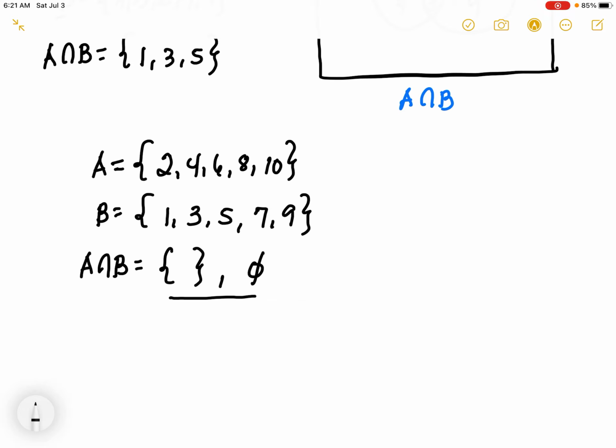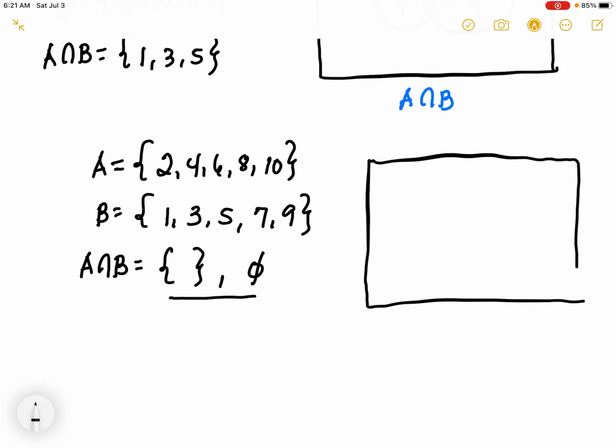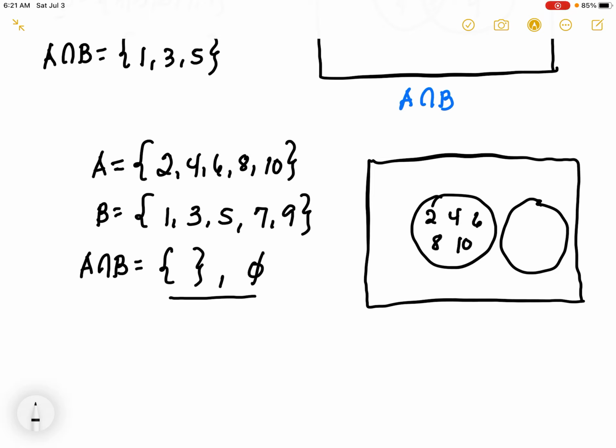This is the null set or empty set. If we are going to represent this in a Venn diagram, we have this representation. This is the universal set, then set A and set B. Since there is no common elements, they are disjoint sets. You have 2, 4, 6, 8, and 10 here, and 1, 3, 5, 7, and 9.